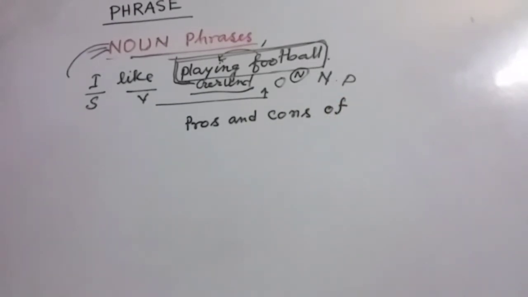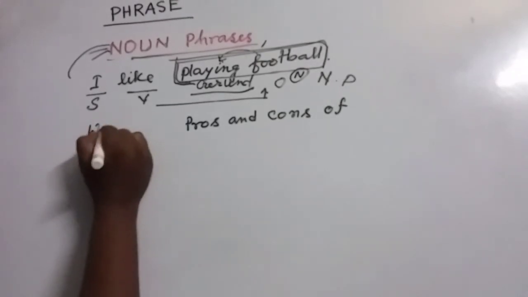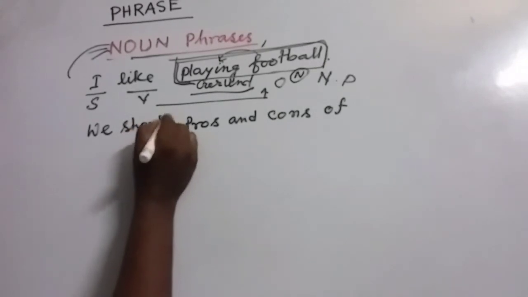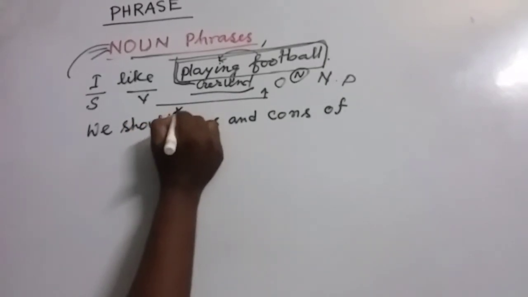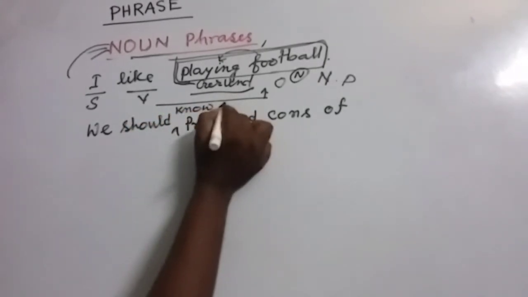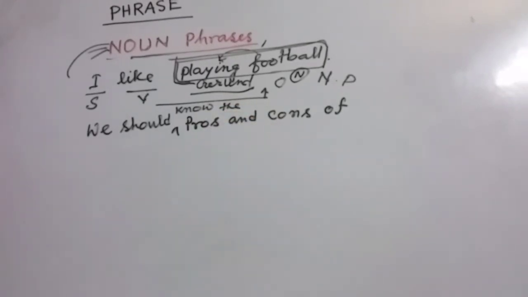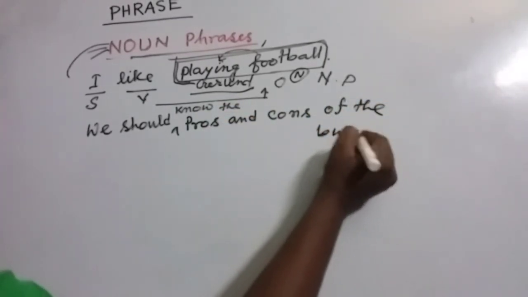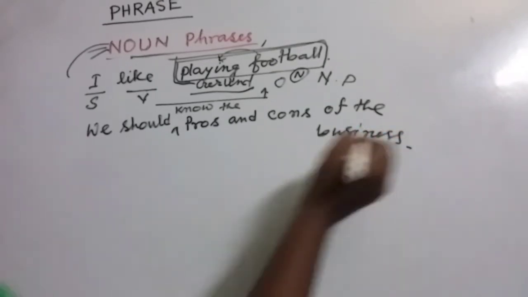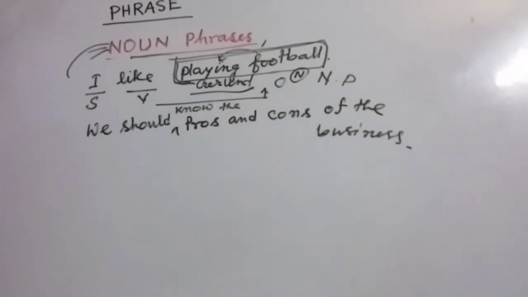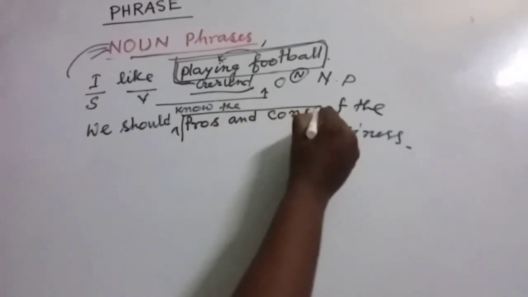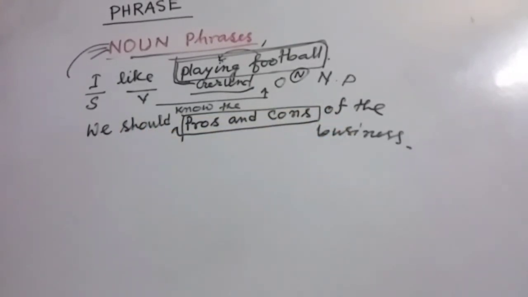That means before entering into a business, we should know the pros and cons of the business. So this is the entire sentence. We should know the pros and cons of the business. So here, my dear friends, pros and cons, this is the idiom.